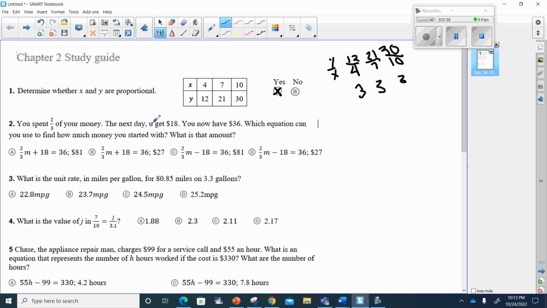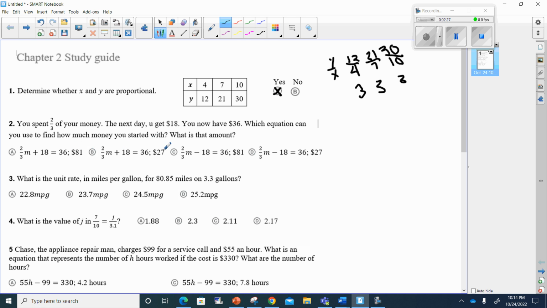Which equation can you use to find how much money you started with? All right, so let's see. You now have $36. You started with what? Well, if I take this money that I had, you spent 2/3 of it, and then you add 18 to it, and it's got to equal $36.